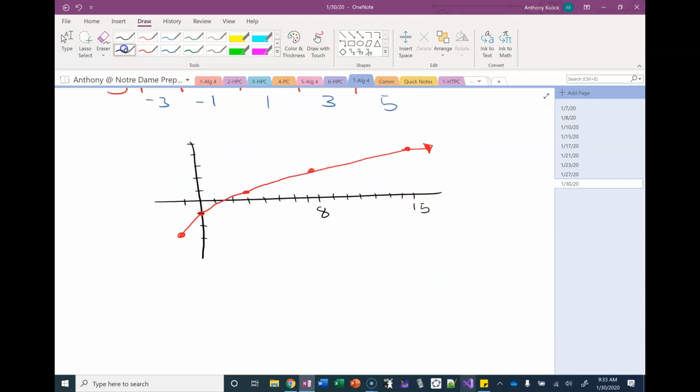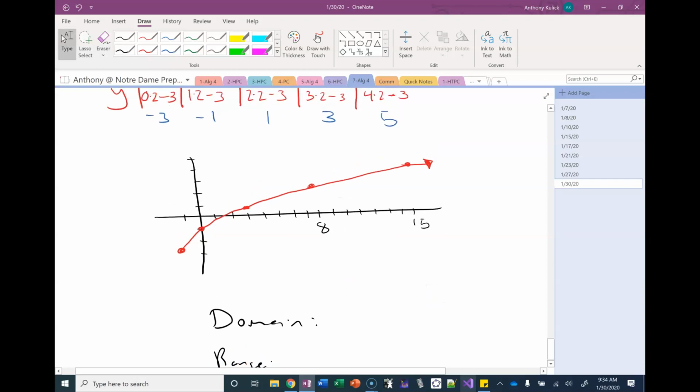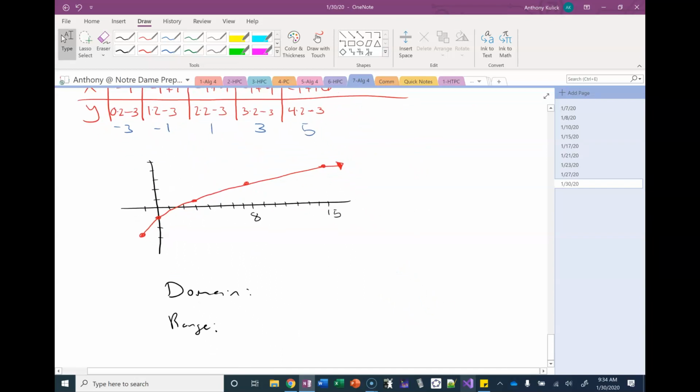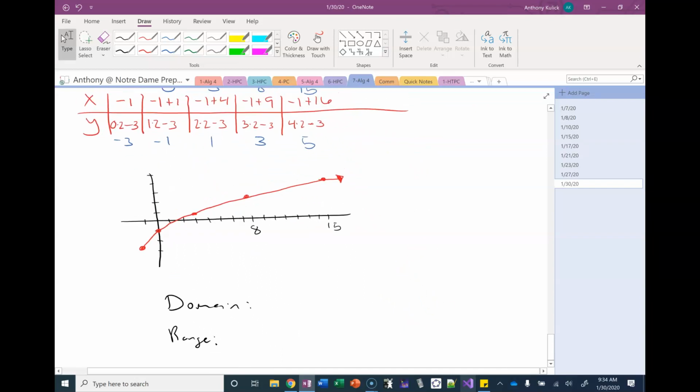Okay. There's one last thing we want to talk about when we graph one of these square root functions, and that's the domain and range. So, if I look at my graph, does my graph have a beginning, a furthest left point?